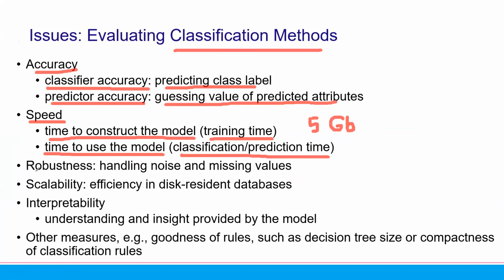The robustness of the classification. It means whether the model can handle the noise and the missing values or not. The scalability. Some models are very huge and some models can be very light. You need to consider the efficiency in your database.